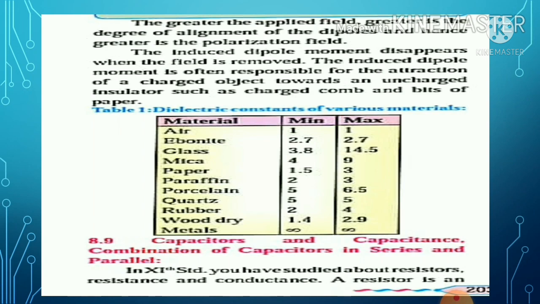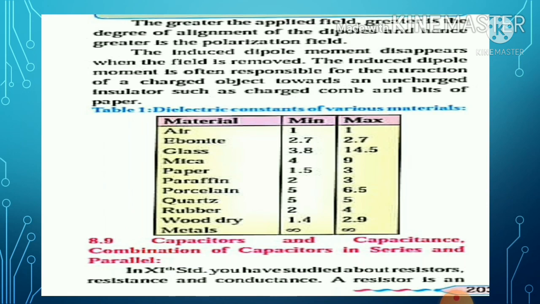Then the third material is glass. Minimum value is 3.8 and maximum value is 14.5. Then the fourth material is mica. Minimum value of dielectric constant is 4 and maximum value is 9.